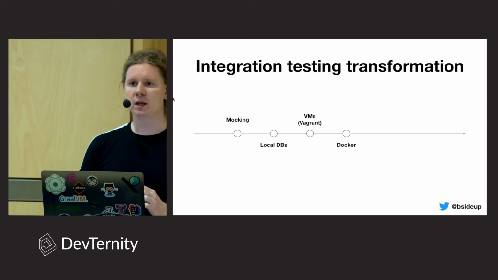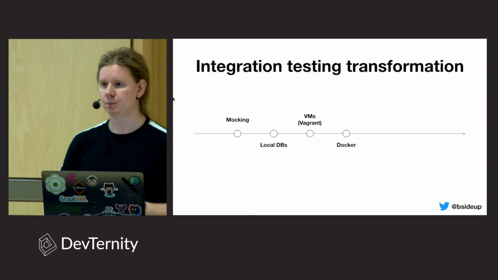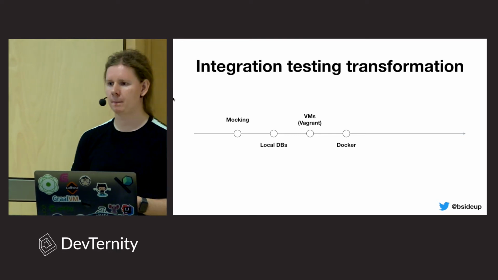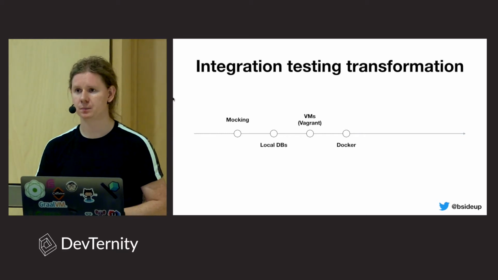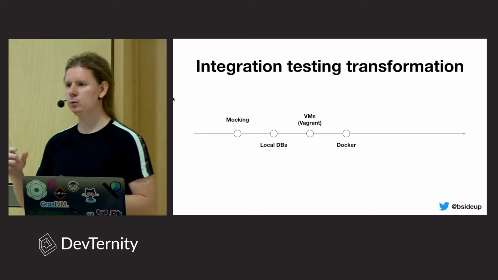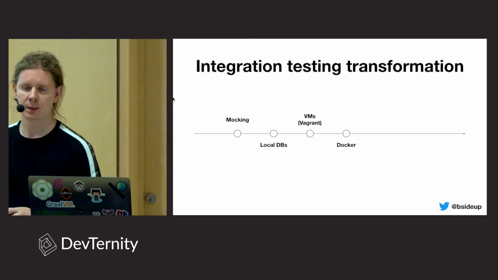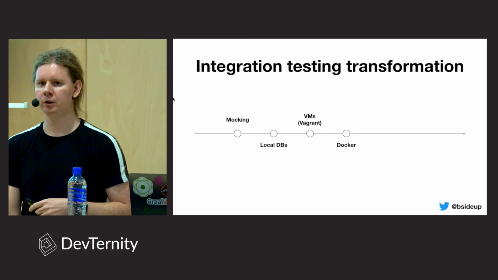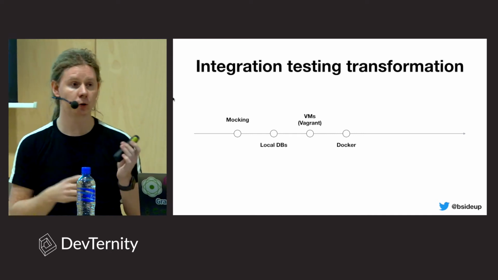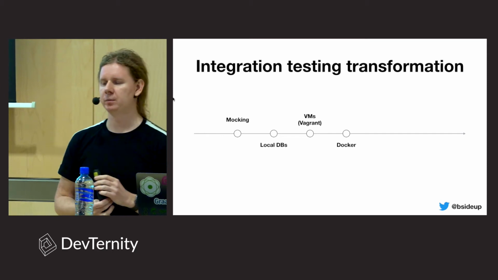So Docker was a thing, and Docker was powerful. But Docker alone was not enough to use it for testing. Because before we had Vagrant, and in Vagrant we could create a file and describe everything. Now we have Docker, and Docker is docker run, docker stop, docker blah blah blah. Sounds like bash scripts.